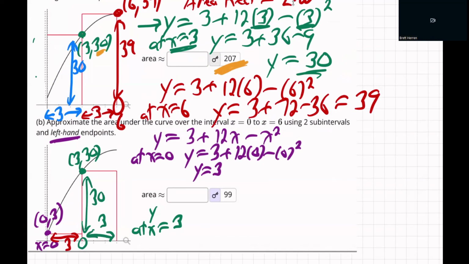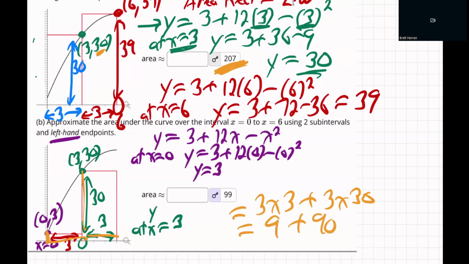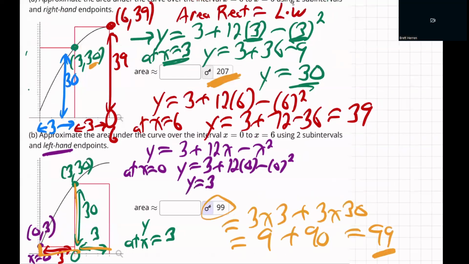So our two rectangles are 3 by 3, this one's only 3 tall and 3 wide, plus the other one, 3 by 30. So that's 9 plus 90. That's 99.